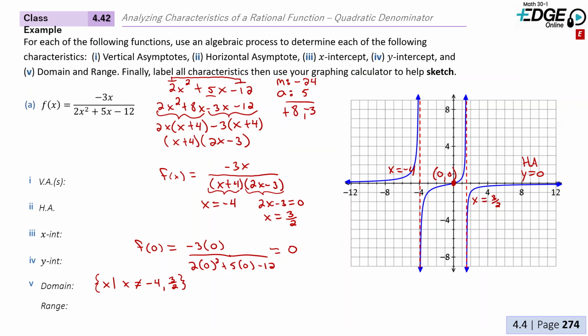And now the range would be, well, anything. Any value of y is allowed because we cross the horizontal asymptote here. So it's not going to be excluding just y is equal to 0. Our range would just be y such that y is an element of the real numbers.